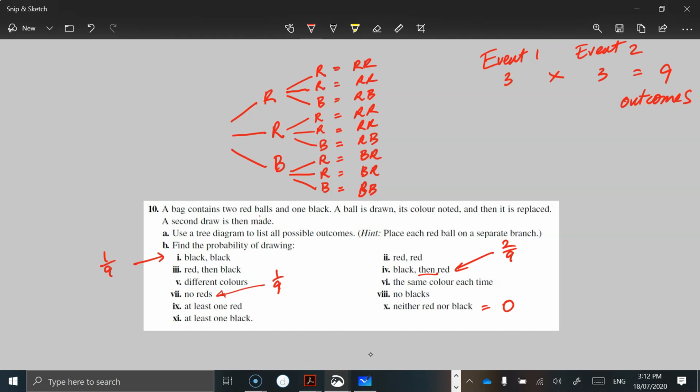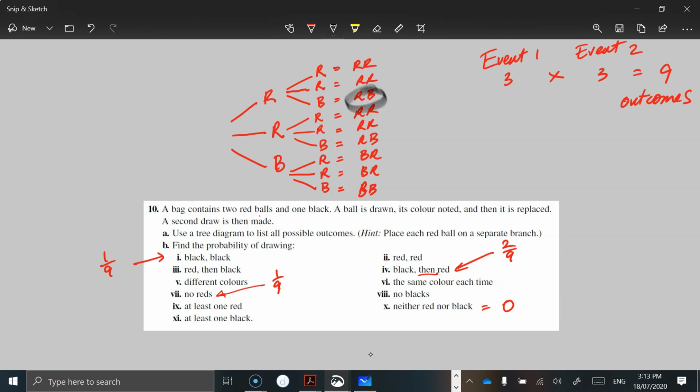Now, if we have something like finishing off with this last one here, number 11, at least one black. So if we're saying at least one black, we've got these options here. This one has a black.